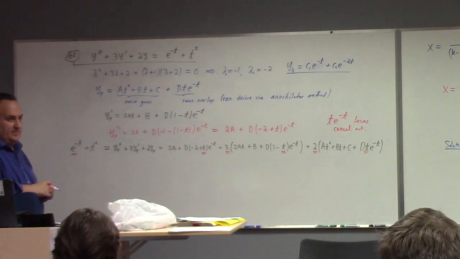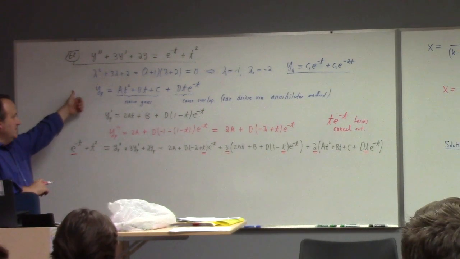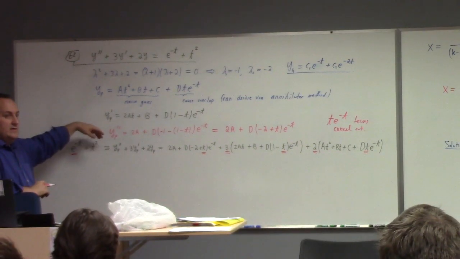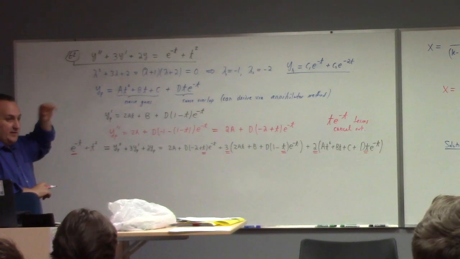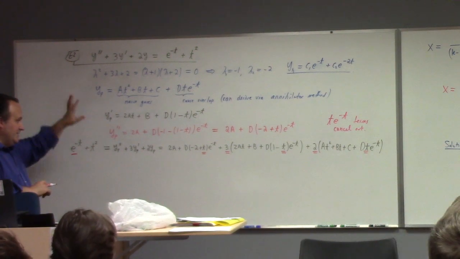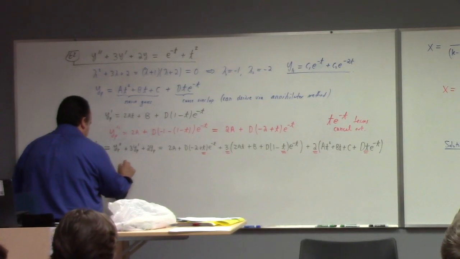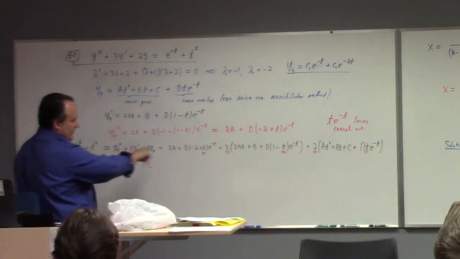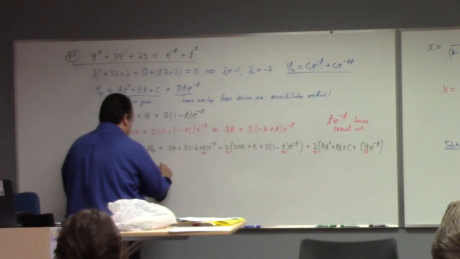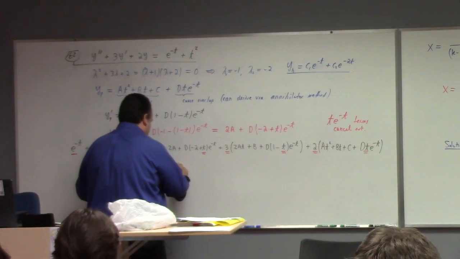And that's math's way of telling you, hey, go back to the drawing board, maybe either do the calculus more carefully or reformulate your yp, because you formulated it unwisely, all right? But hopefully we did it right. And so what we have, looking at e to the minus t, is we've got a 1 from the left-hand side. And on the right-hand side, I've got a minus 2D plus 3D.